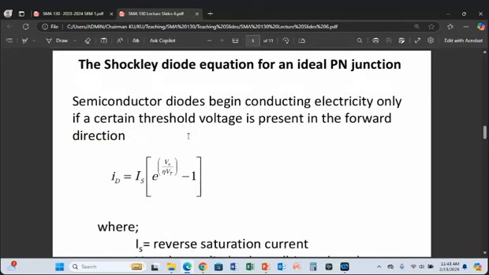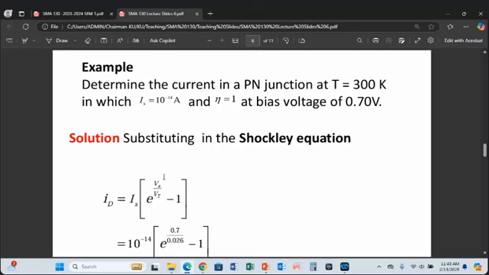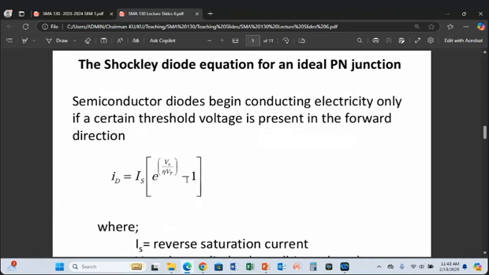So all these values given appear in this equation. We are given eta equals 1.